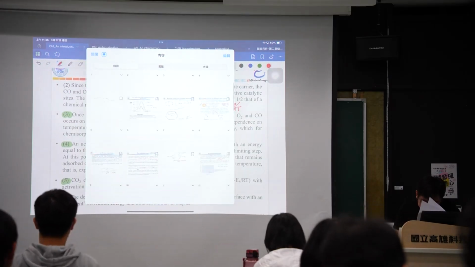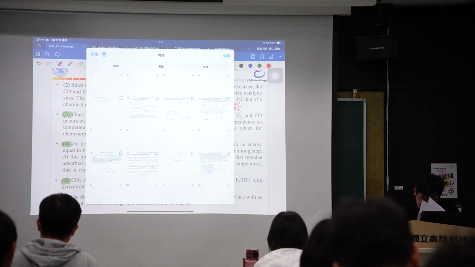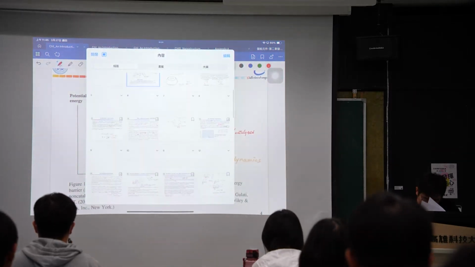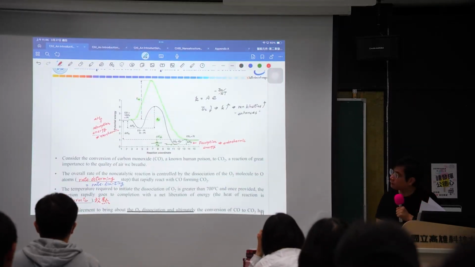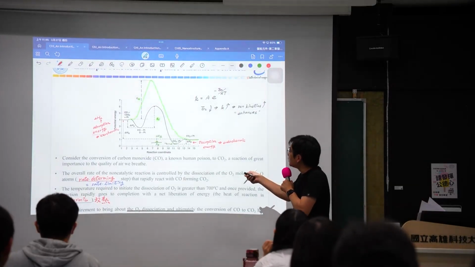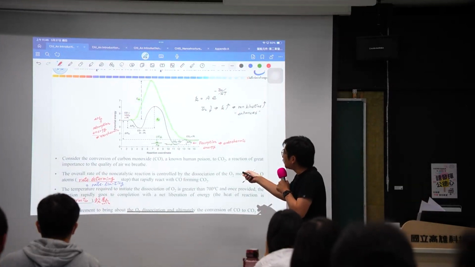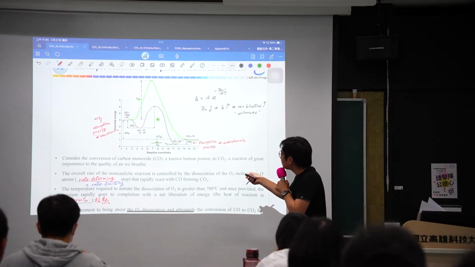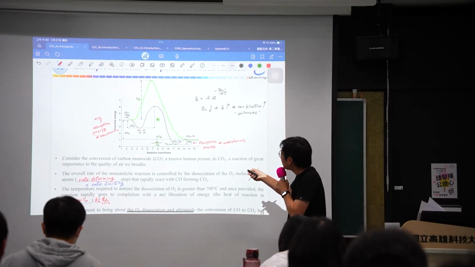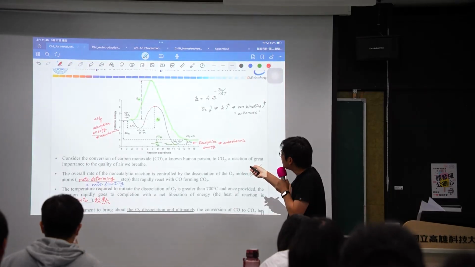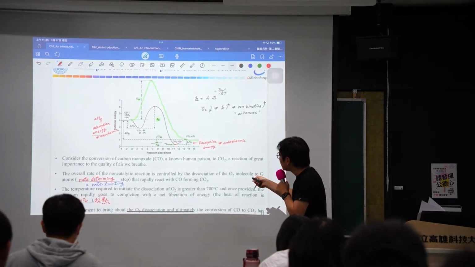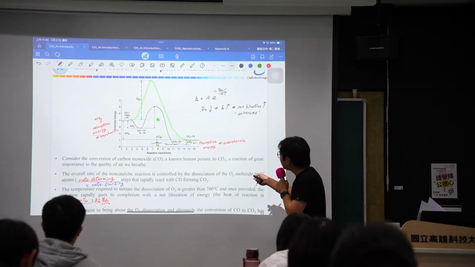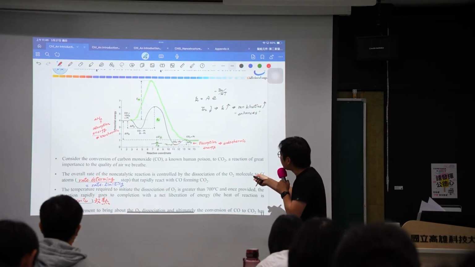This process I can remind you. Here, the O and O2 have dissolved on the surface, and your surface is able to react, become CO2, and then your CO2 can dissolve out from the surface.